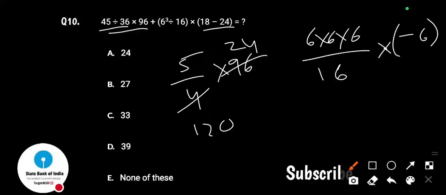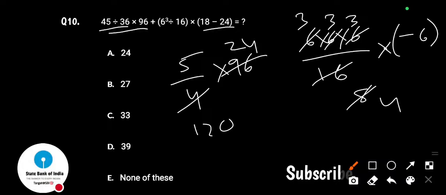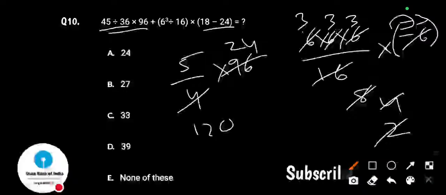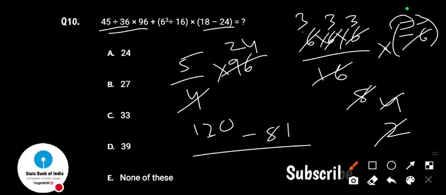So 2 3 times, 2 8 times, 2 3 times, 2 4 times, 2 3 times, 2 2 times, 2 3 times. So totally what we have is 3 power 4 with a minus. So we have 3 power 4, which will be 81, minus 81. So subtracting 120 minus 81, we have 39. So the answer will be 39. Option D is our answer.